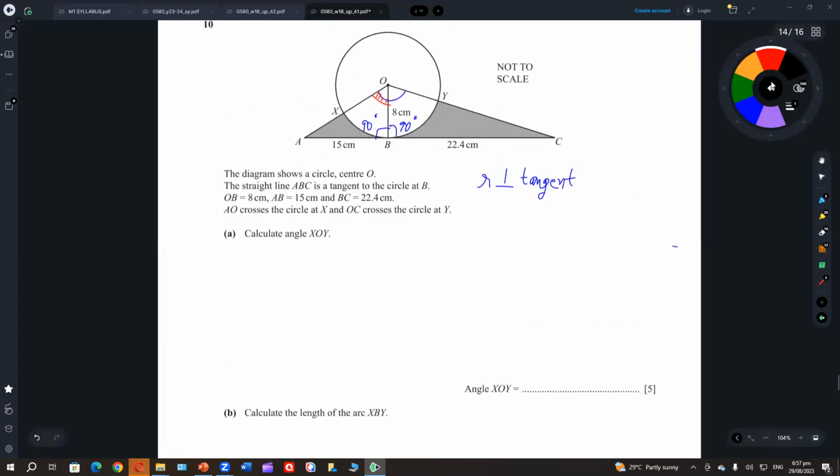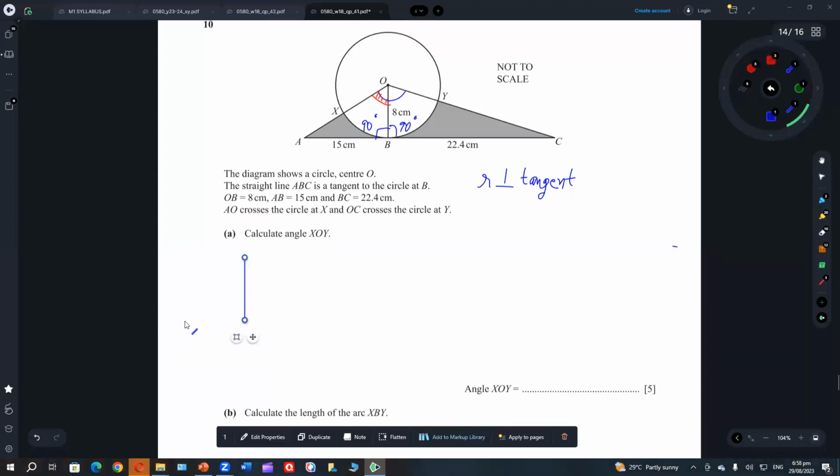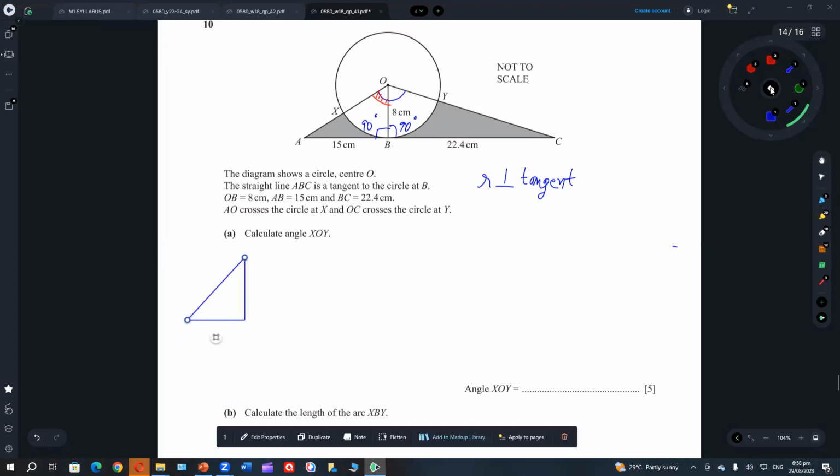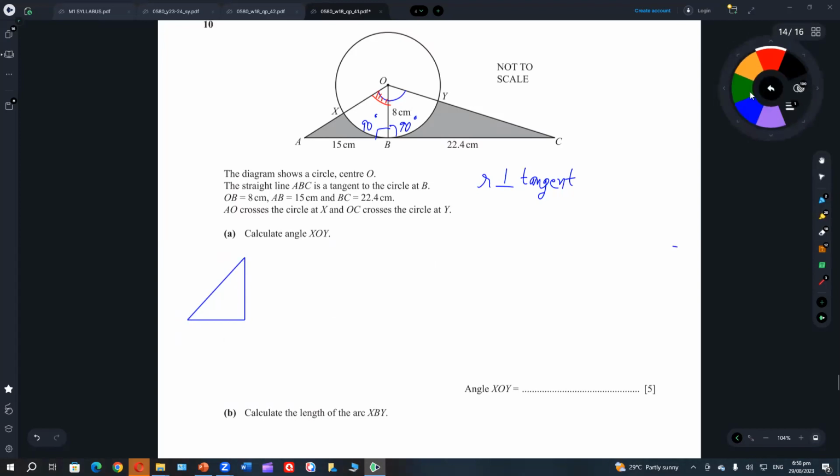Can you find this red angle using trigonometric ratios? Why are you not thinking about the ratios of triangle: sine, cos, tan?